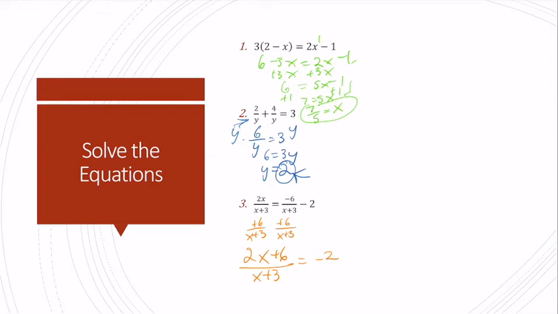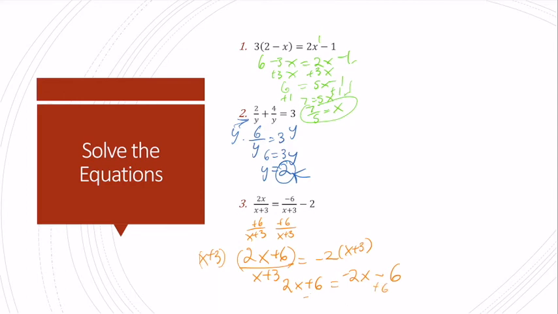Now I solved this in class by pulling this out, but I could go ahead and multiply both sides by x plus 3, so why don't I go ahead and do that? Because what that does is eliminate my denominator. So I have 2x plus 6 equals negative 2x minus 6.